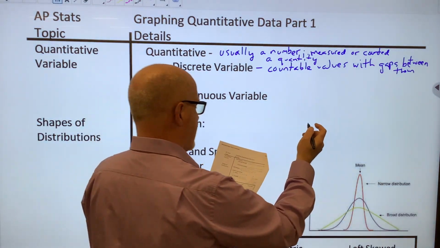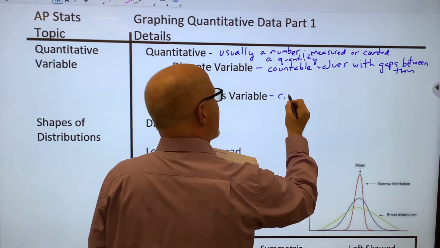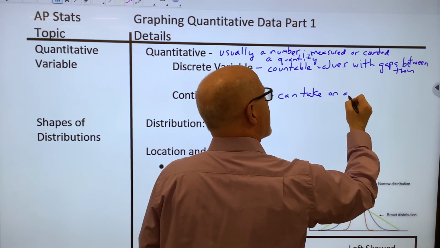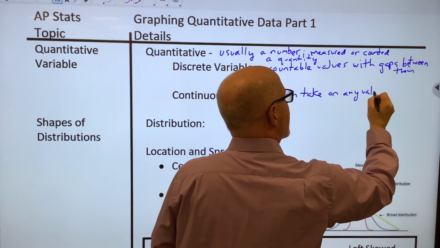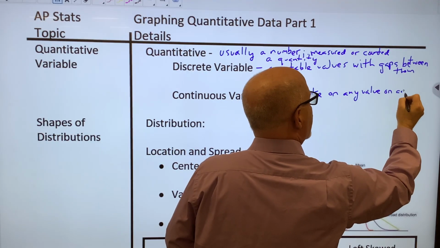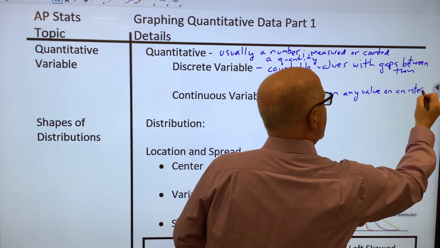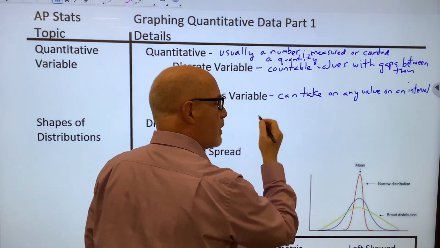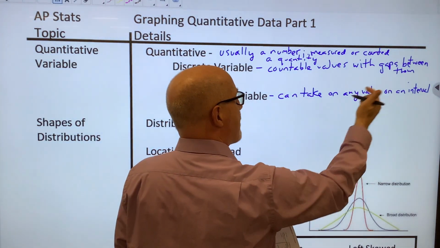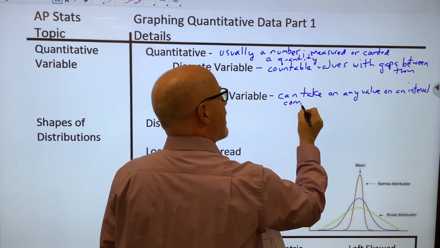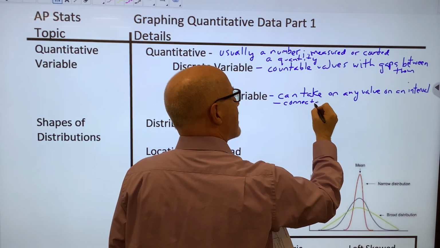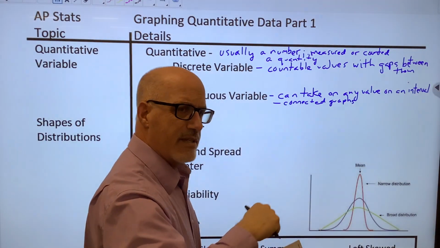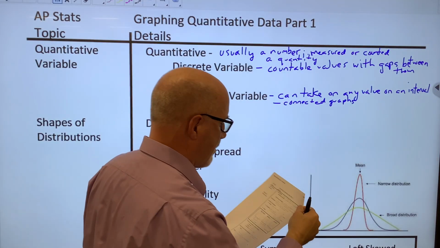So a continuous variable can take on any value on an interval. This usually means we have connected graphs. For discrete, there are gaps between numbers. When you look at the continuous graph, it's connected. So you kind of take the dots and fill them in by connecting them.